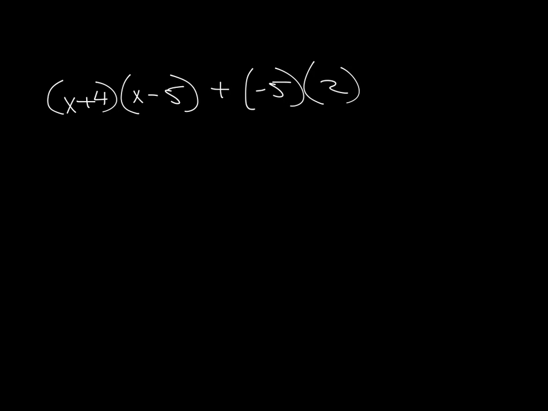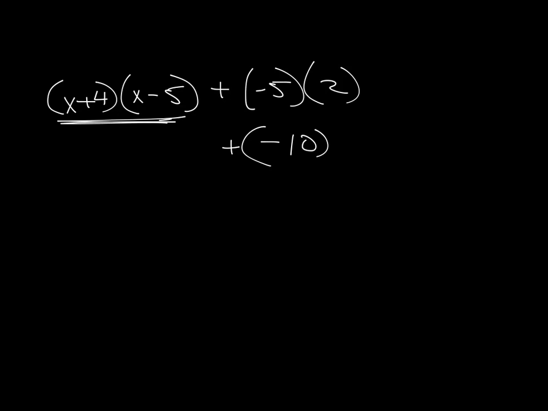We've got x plus 4 times x minus 5, and then it has a plus negative 5 times 2. So you're going to do the FOIL method there, and then you're going to have a plus a negative 10 there that you're going to add to anything that has just a number and no variable.